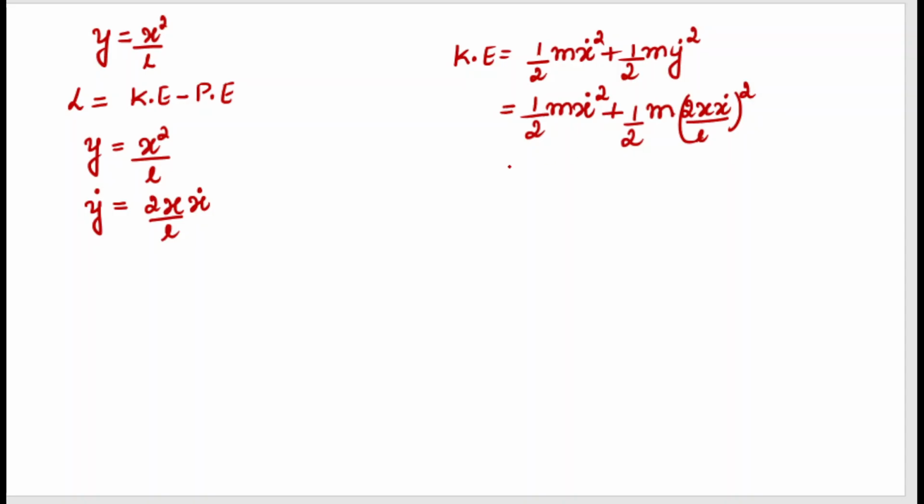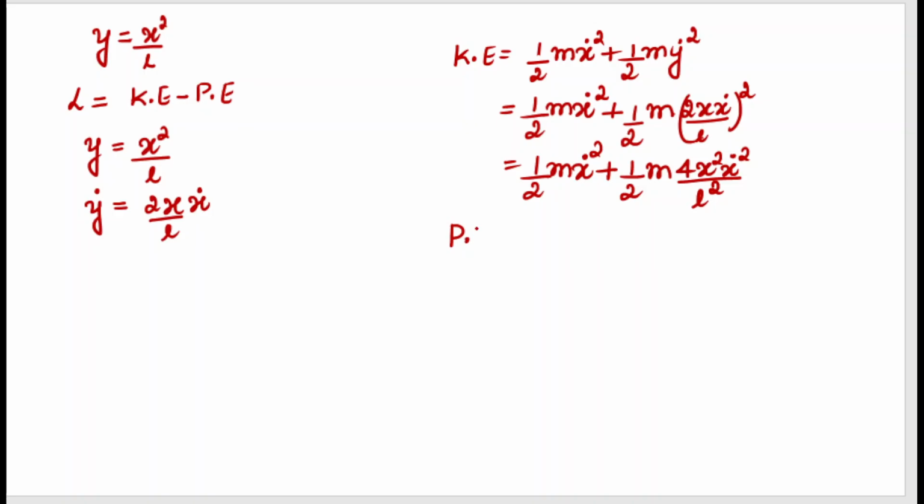On solving, we get half m x dot square plus half m into 4 x square x dot square divided by L square. Let it be like this for a while.